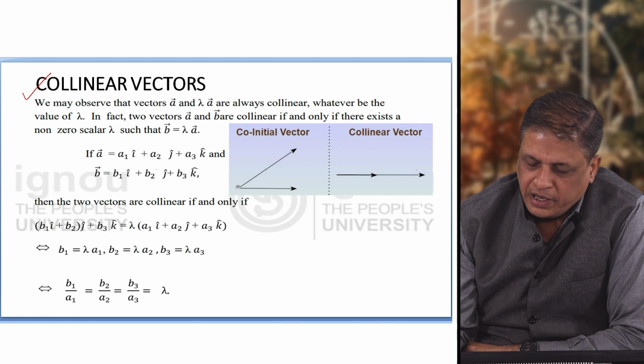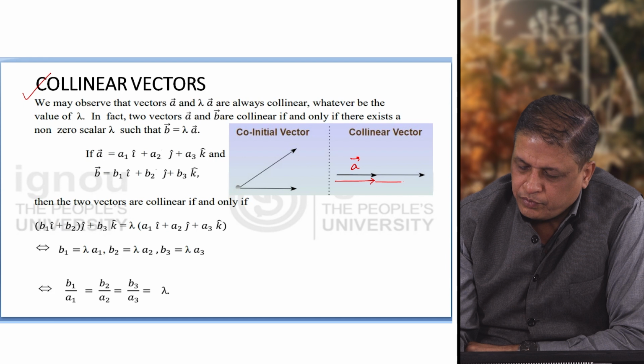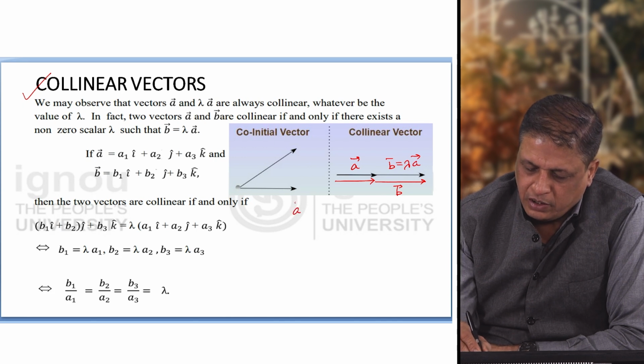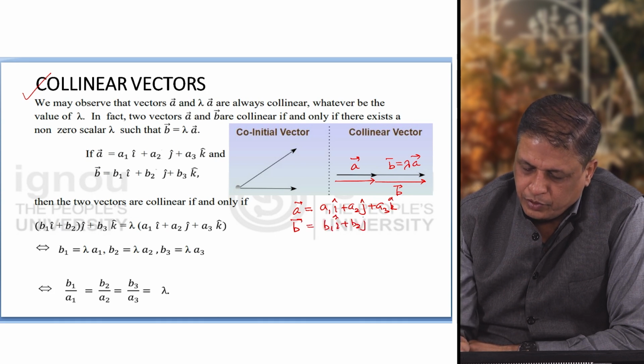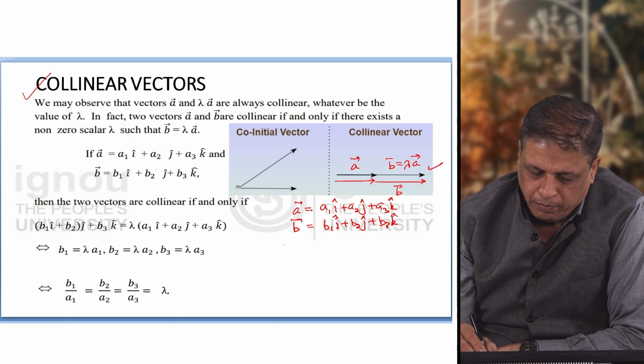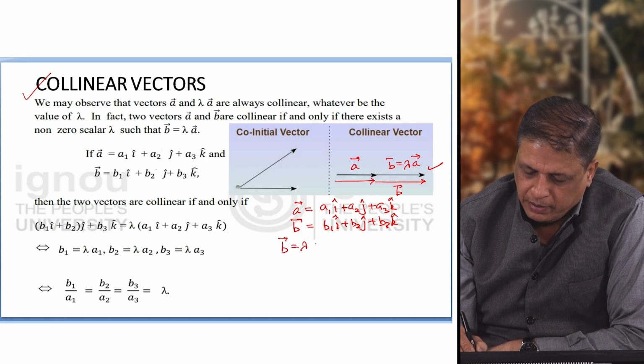We learned that this is vector A, from this point to this point, and vector B is from this point to this point, and B vector is nothing but lambda times vector A. The component form of A vector is given by A1 i plus A2 j plus A3 k, and B vector is given by B1 i plus B2 j plus B3 k. From the figure we saw that B vector is lambda times A vector.